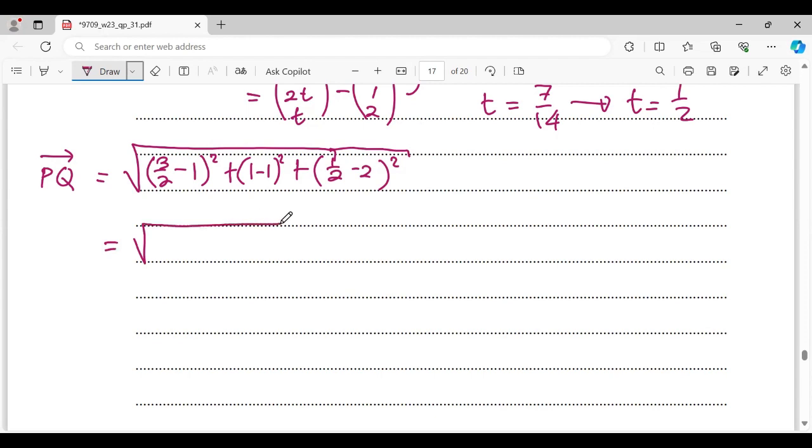It comes to 1/4, 0, and 3 half squared which is 9/4, so 10/4, or the square root of 10 over 2, or half square root 10.